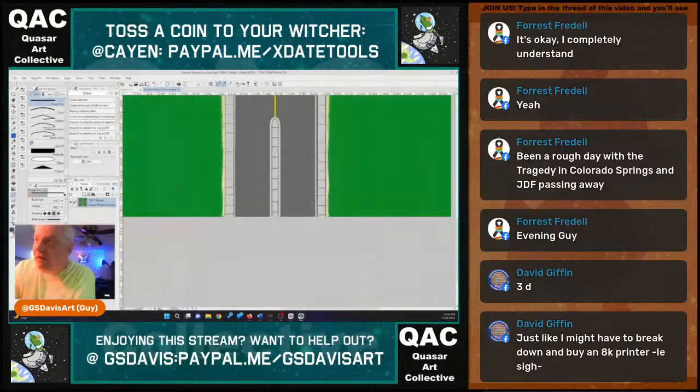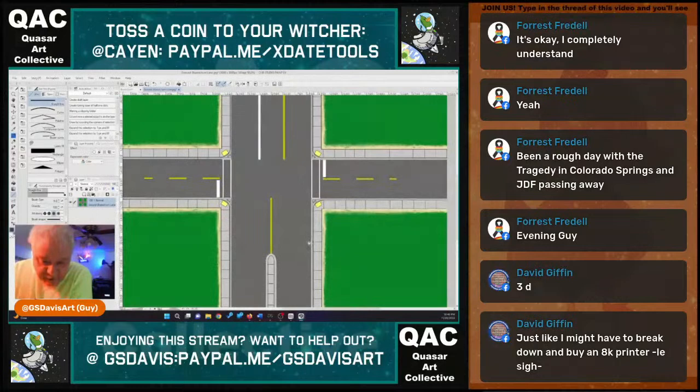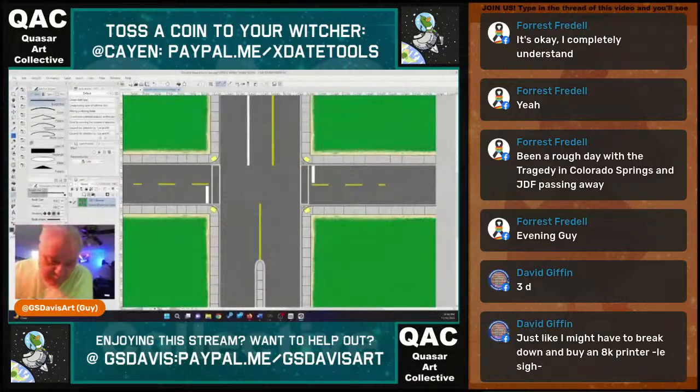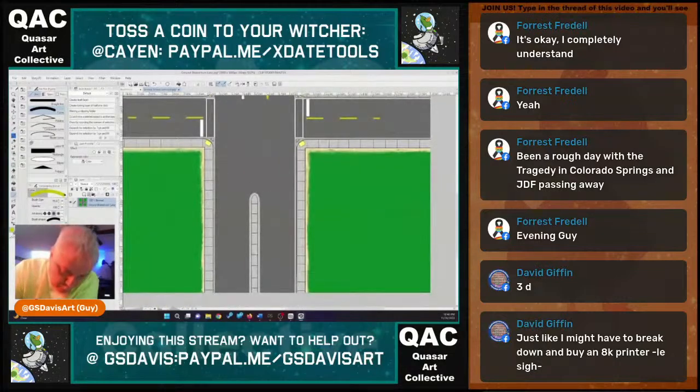There we go. I have now made the intersection in question. And probably this is not actually the way we do this setup. We will do it more like... That's not the way we do it.